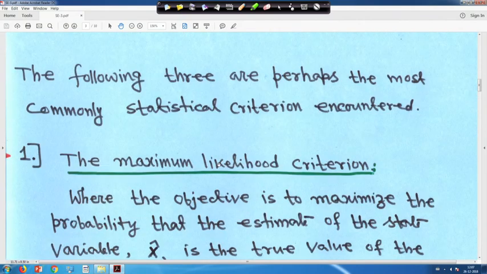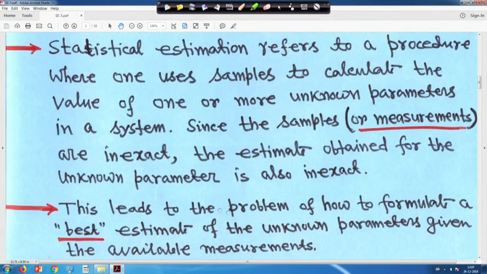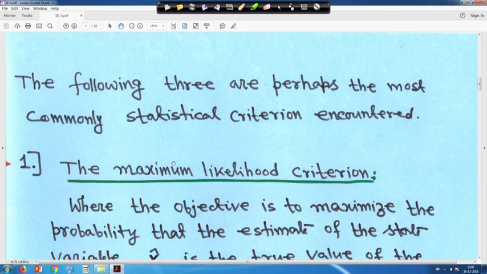This leads to the problem of how to formulate a best estimate of the unknown parameters given the available measurements. The following 3 are perhaps the most commonly encountered statistical criteria.